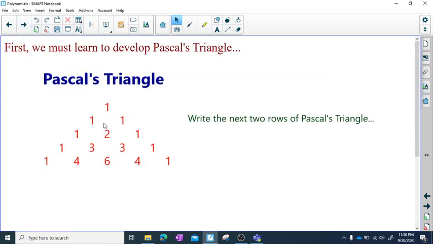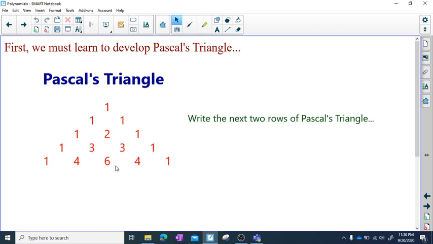Here we go. So here's a look at Pascal's Triangle. Pascal's Triangle is named after a famous mathematician, last name Pascal. There were a few Pascals, but anyway, it goes by the pattern that you see down below here.